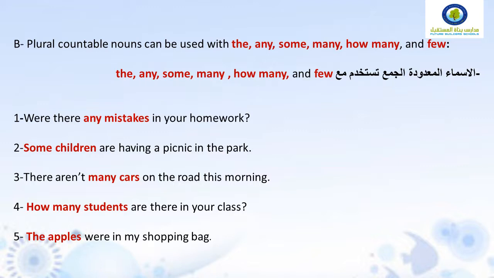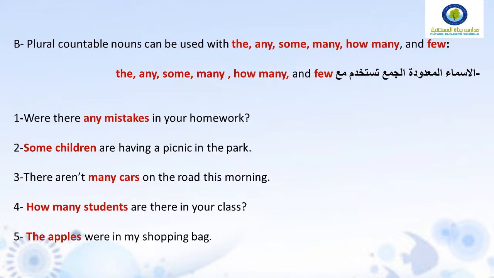Now, how can we identify them before them, like the singular? You can use the, you can use any, some, many, how many, and few. These in the red color that you can see in front of you are quantifiers, we use them to identify the noun using one of them.